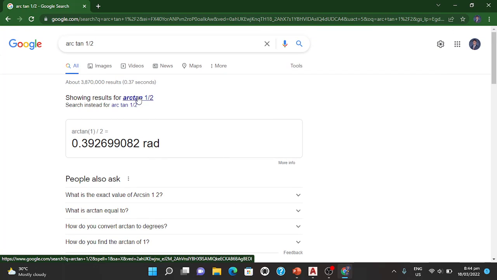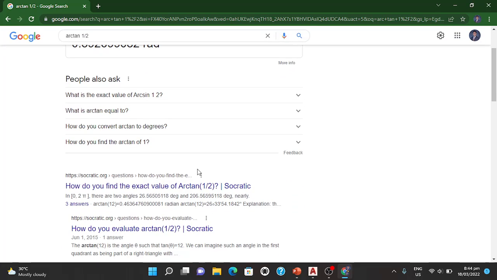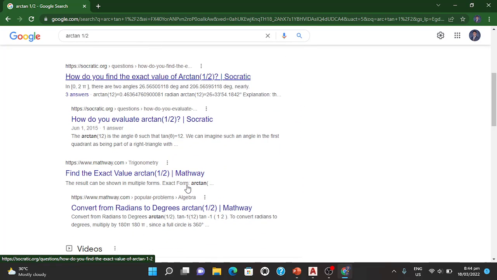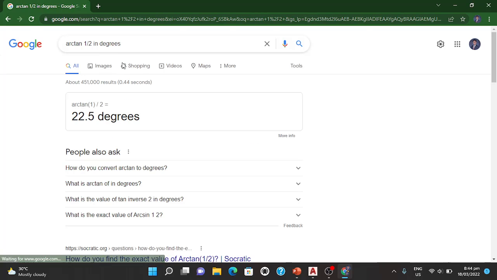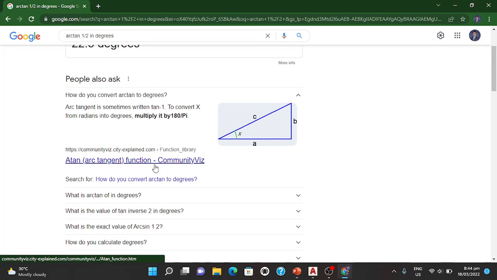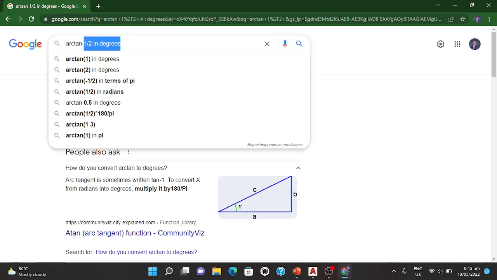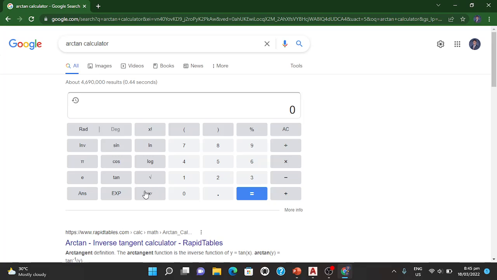So let's see if there is an alternative way to get the whole value of arctan 1 over 2. Arctan 1 over 2 in degrees is 22.5 degrees. Okay? So, let's try an arctan calculator, for example.